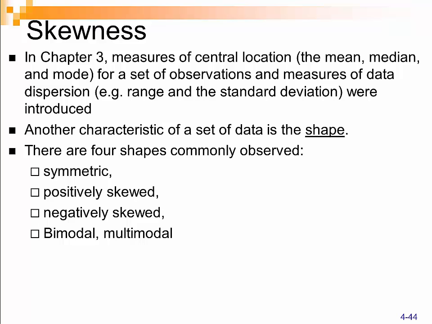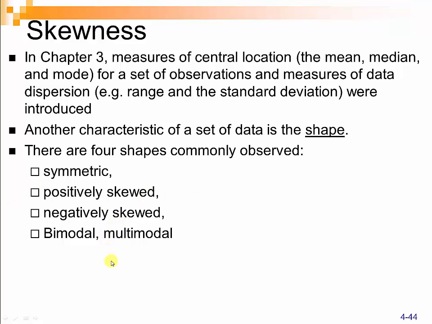And if you remember back in our conversation in chapter 3, we talked about the tail being pulled to the left for a negatively skewed distribution, and the positively skewed would have the tail of the distribution pulled to the right.